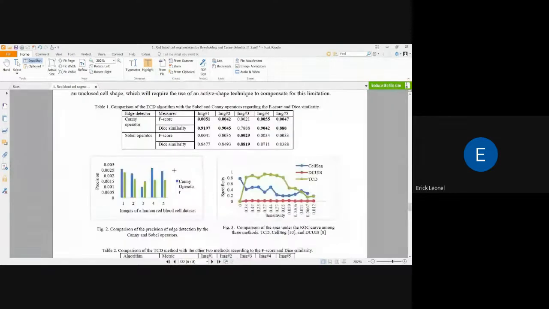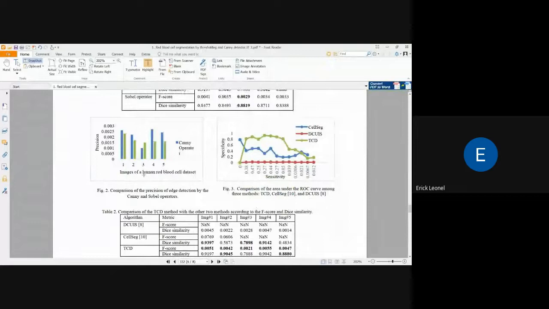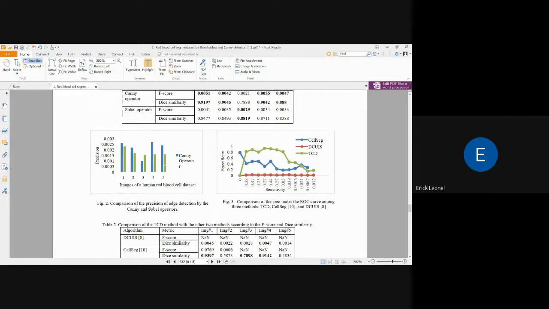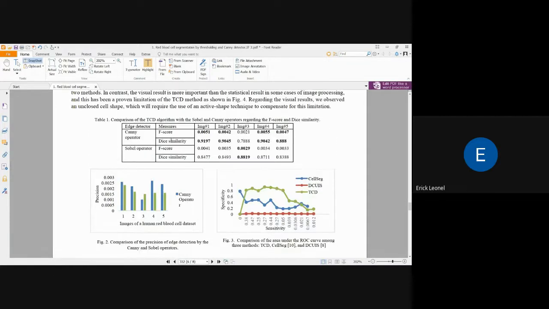Figure 2 shows how different detection operators can produce differences in the precision of segmentation based on the measured accuracy rate of the detected edges, and it could be found that the Sobel operator mainly exhibits incorrect edge positions and loss of cell edges. Moreover, the Canny edge detection produces greater segmentation accuracy than the method using a Sobel operator, as shown here in table 1.